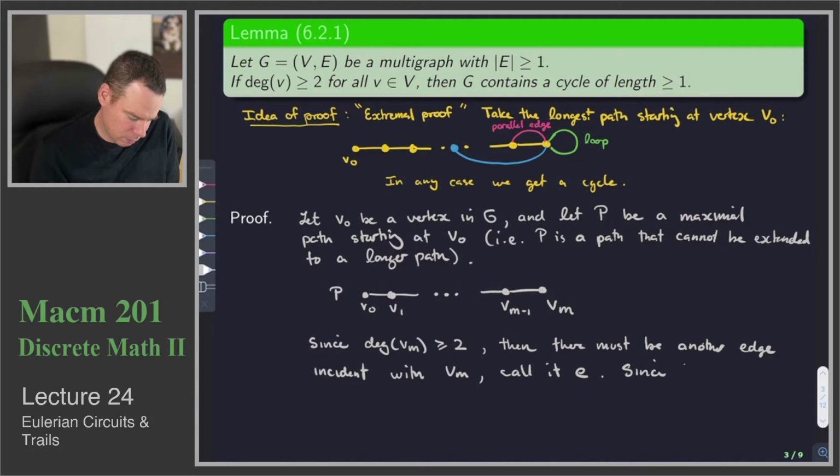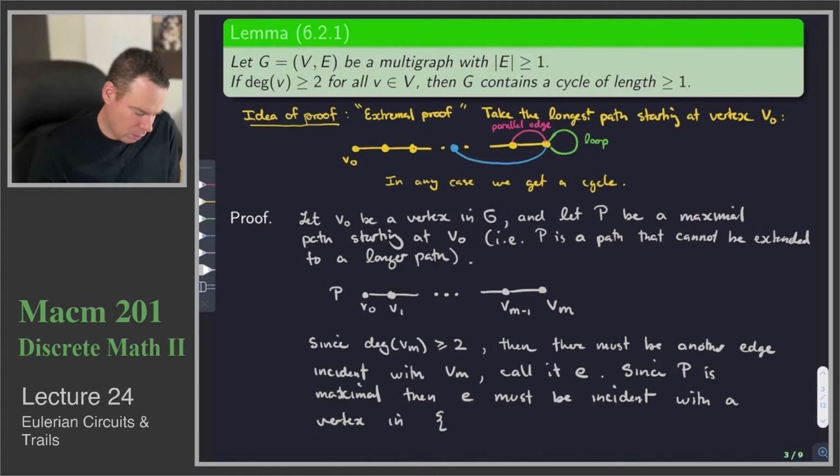Since P is maximal, so our path is of maximum length, then E must be incident with a vertex in the collection of vertices we already have in our path. So V0, V1, all the way up to Vm.